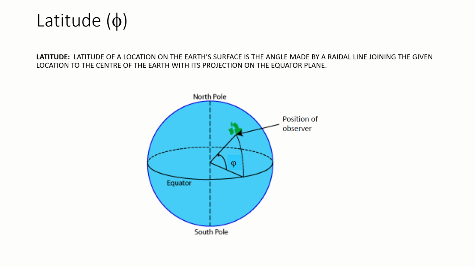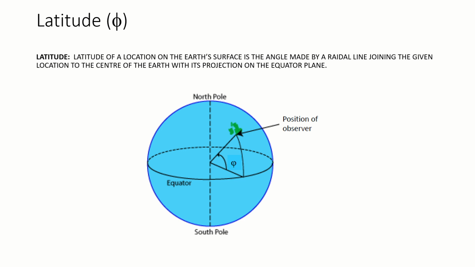Latitude. As we know, latitude of a particular location plays a major role in the solar radiation received at that particular location. So latitude is represented by φ, the symbol, and latitude is defined as the location on the Earth's surface in which the angle made by a radial line joining the given location to the center of the Earth with its projection on the equator plane.